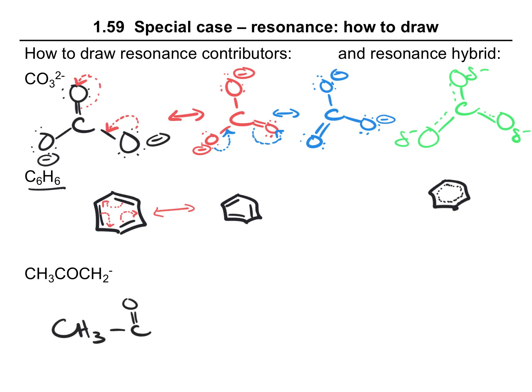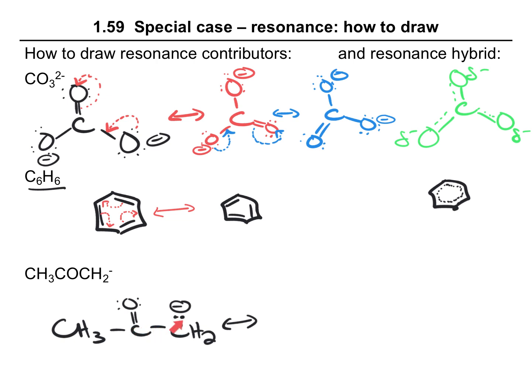This must be a double bond O connected to a CH2, and this carbon has a lone pair and a negative charge. So to draw another resonance structure, this carbon must take on sp2 hybridization to have a p orbital so that these electrons can be delocalized.